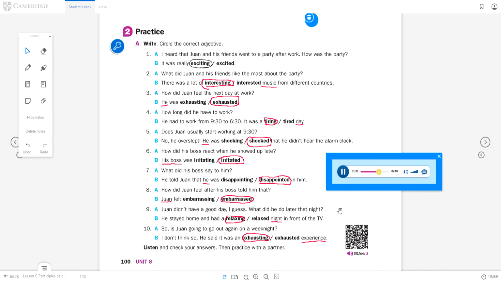How did Juan feel after his boss told him that? He felt embarrassed. 9. Juan didn't have a good day, I guess. What did he do later that night? He stayed home and had a relaxing night in front of the TV. 10. So, is Juan going to go out again on a weeknight? I don't think so. He said it was an exhausting experience.